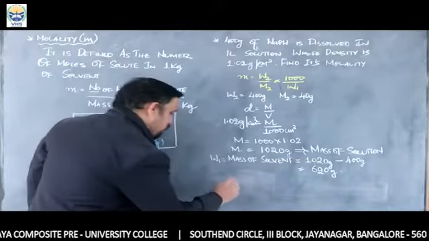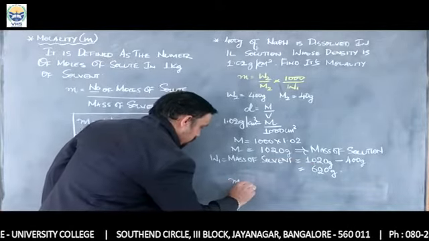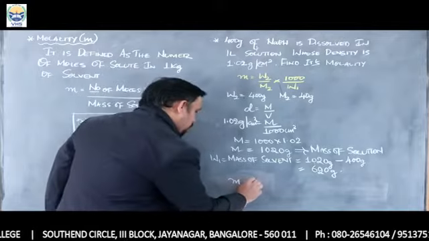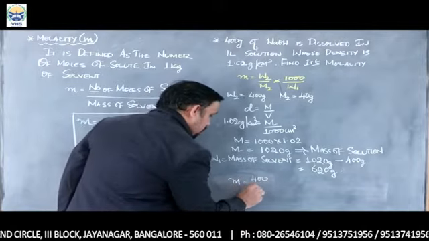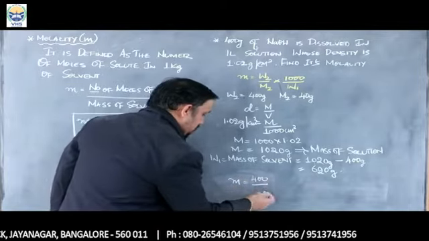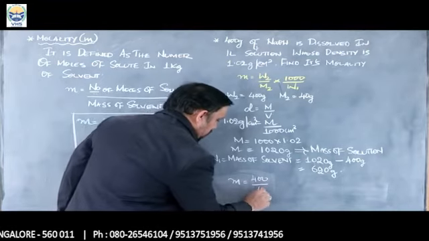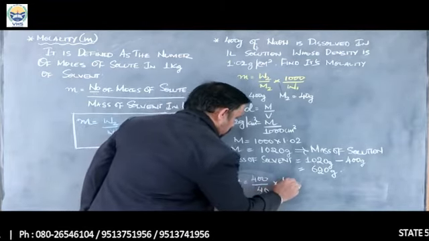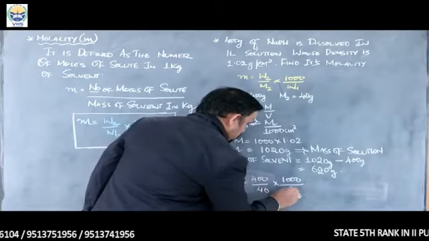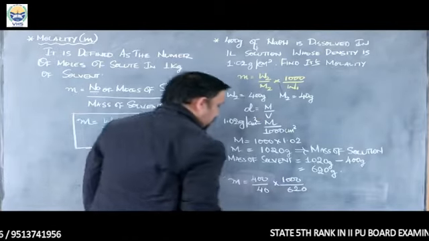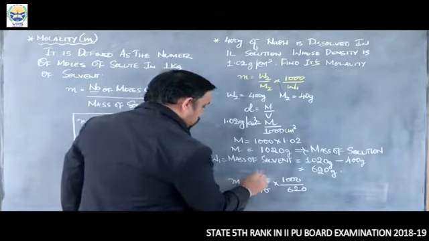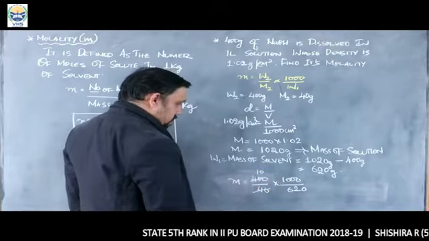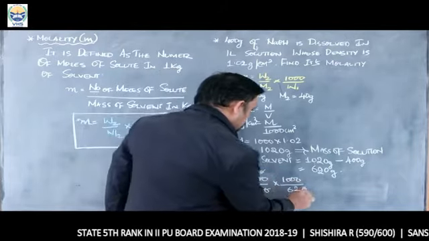Now since you know everything, you can directly substitute. M is equal to W2, which is 400, divided by 620 into 1000, that is 40 into 1000 divided by 620. If I just cancel it out, 10 will be there, and 0 cancels.